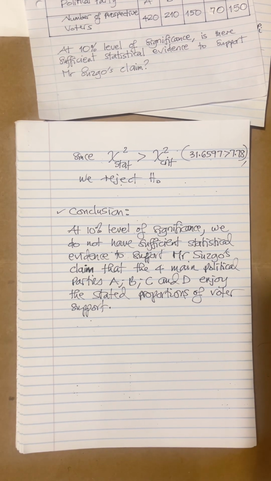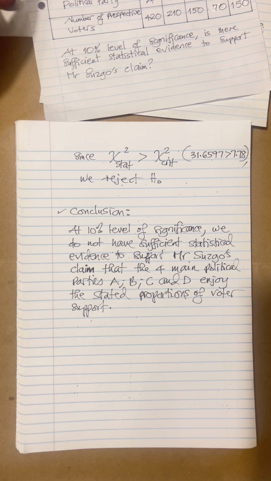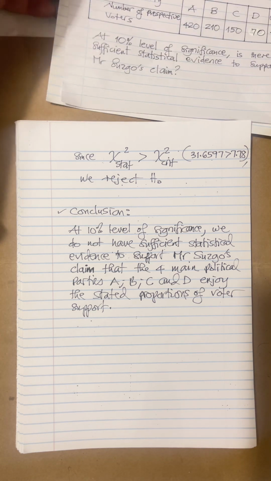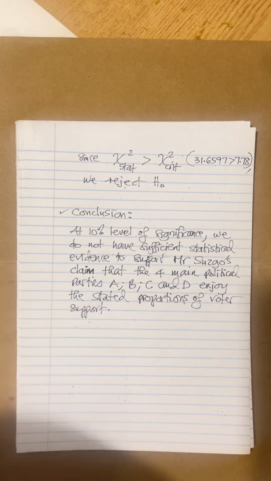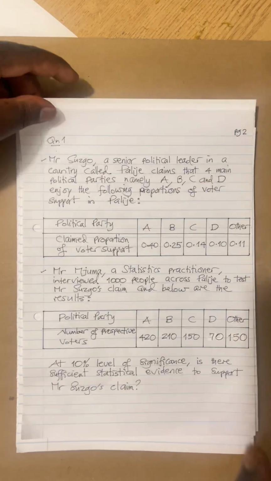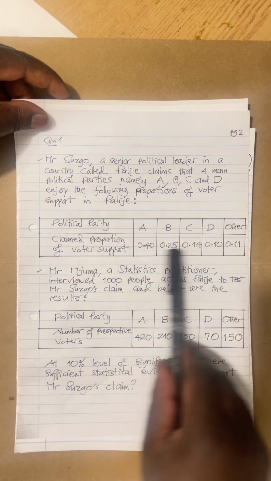The conclusion must be a comprehensive statement, basically answering the last question there. And this is basically a summary of step 5, where we have made our decision that we reject H0. And what is H0? H0, if you notice, is Mr. Suzio's claim, that these four major political parties enjoy these voter support proportions.